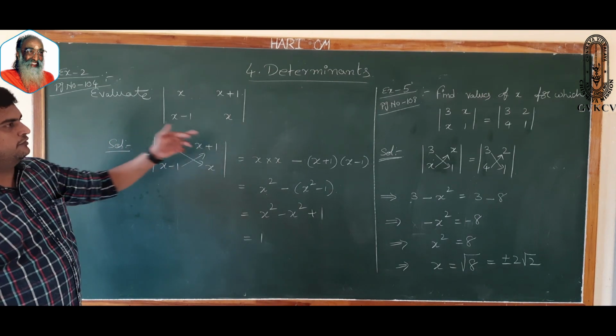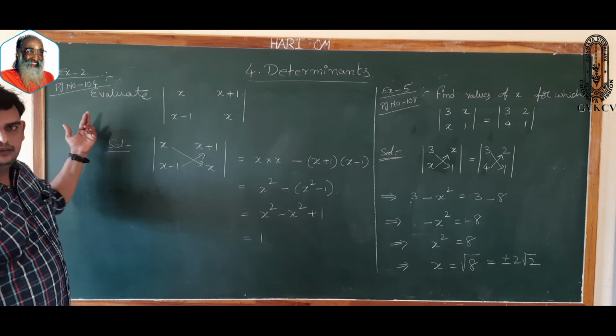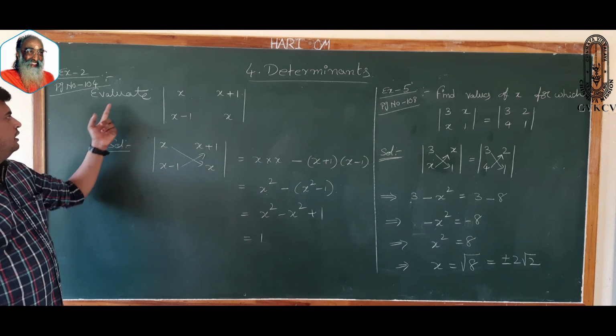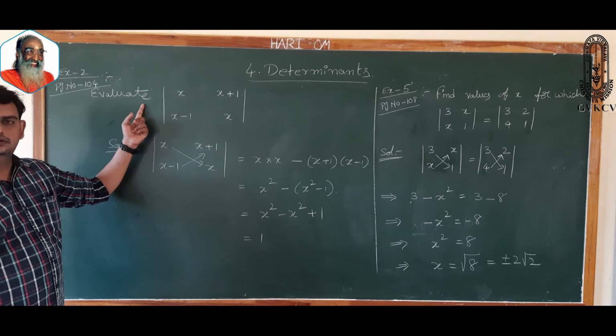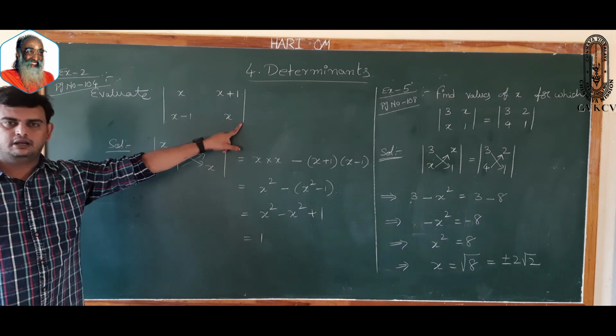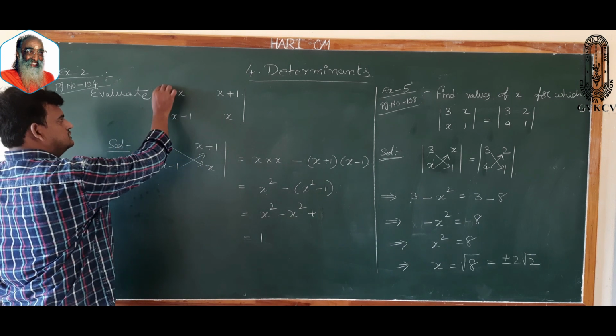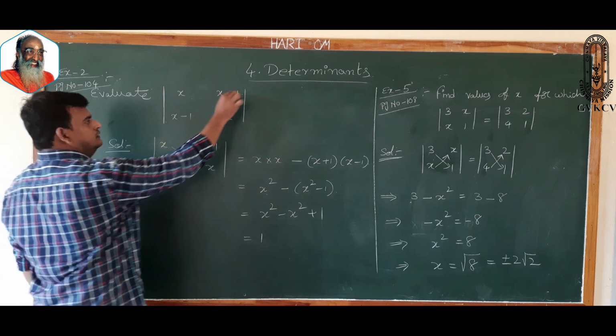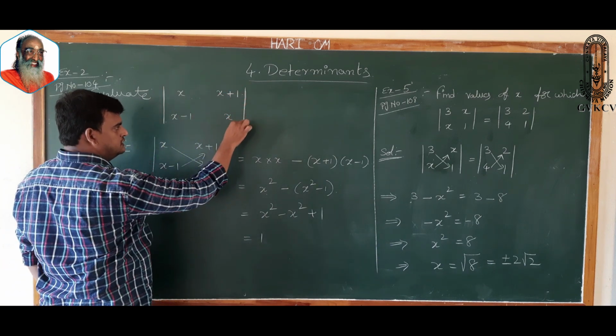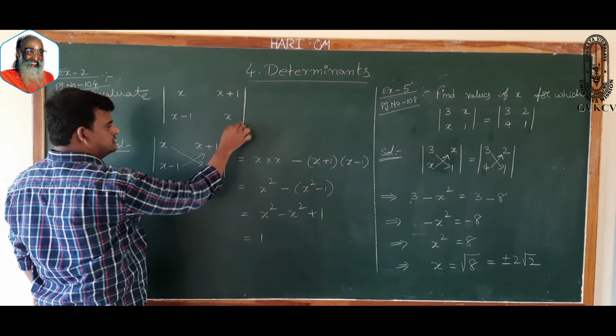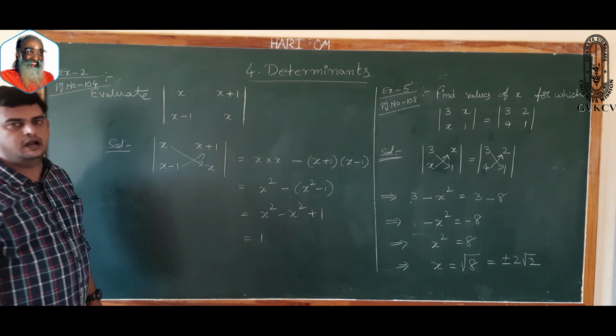Here we have two different examples. Example number 2. Evaluate. This is not a matrix. Just remember that whenever you have this modulus symbol, it indicates the determinant of the matrix.